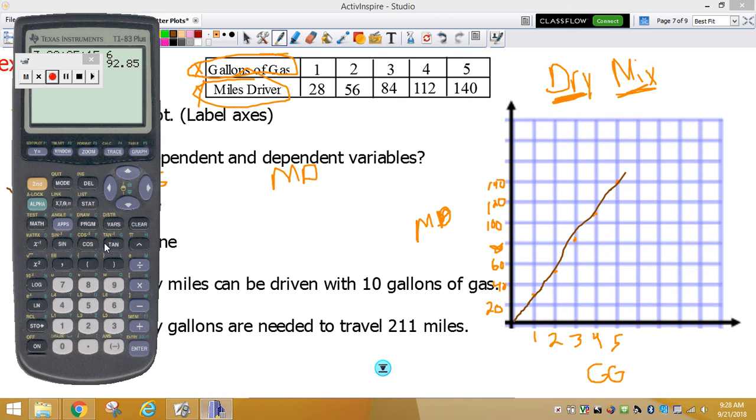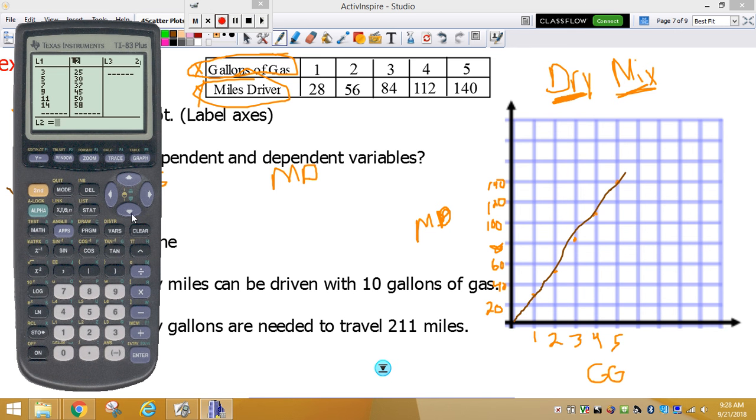That's in the calculator. So, again, we go to Stat, Enter. I'm going to go up on L2. I'm going to clear this. Go up on L1 and clear that. I'm going to type in 1, 2, 3, 4, 5.